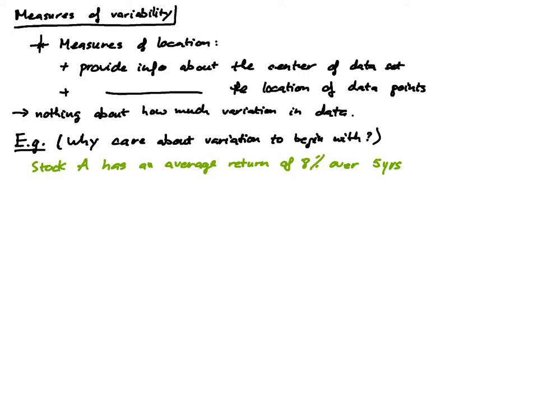But here's the problem. Let's say you have year 1, year 2, year 3, year 4, and then year 5. It's entirely possible for the stock to return 8% for each of the last 5 years, right?